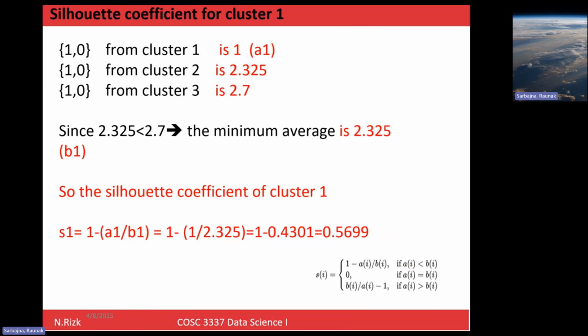So for the silhouette coefficient of cluster one, A is 1, B is 2.325 because you're looking for the minimum. You're using the first case, which is 1 minus A over B, and the value is 0.5699. That is your silhouette coefficient, and a silhouette coefficient of almost 60% tells you nothing, essentially.